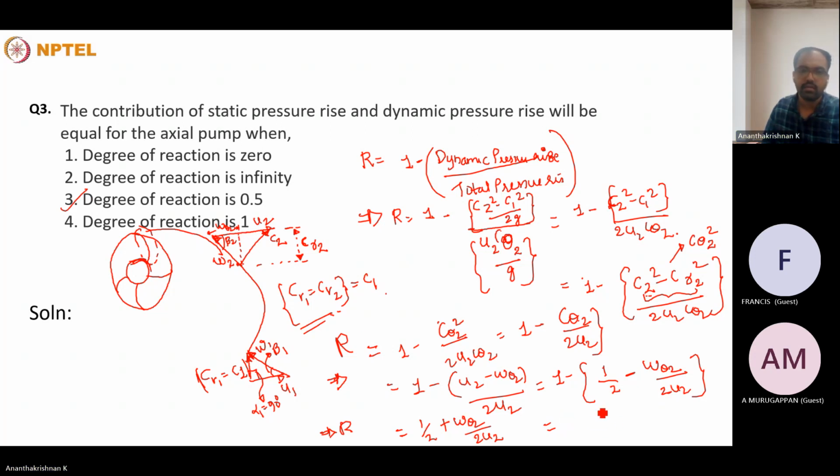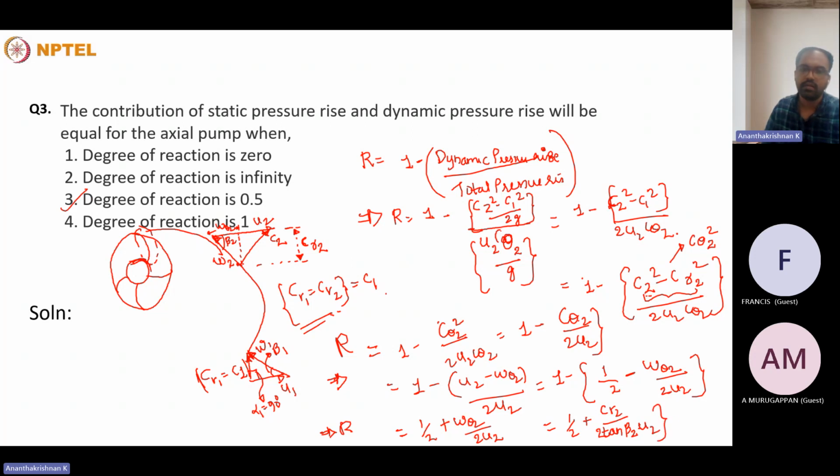So W theta 2 can be substituted as 1 by 2 plus CR2 divided by tan beta 2 and theta 2.